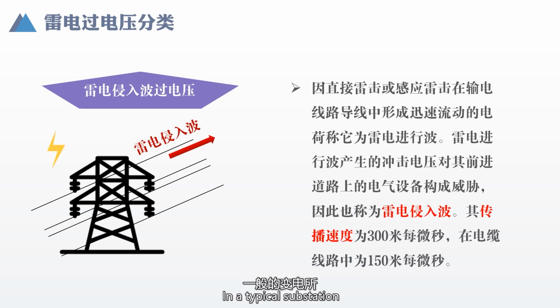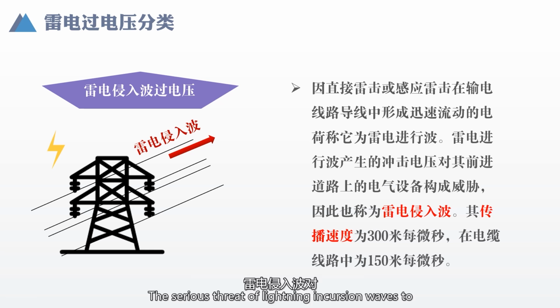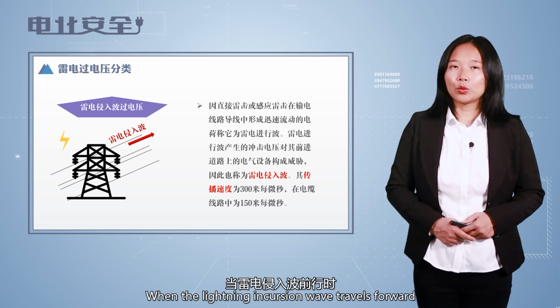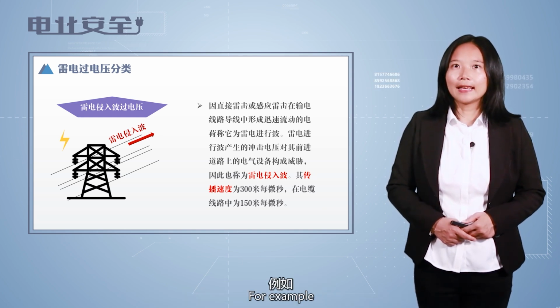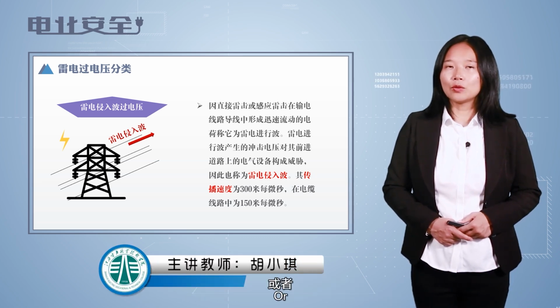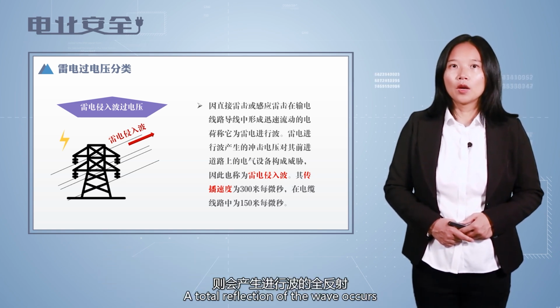In a typical substation, if there are overhead access lines, it is necessary to consider the prevention of lightning incursion waves. The threat of lightning incursion waves to electrical equipment is serious because when the wave travels forward, for example when it encounters an open line switch, or the neutral point at the end of a transformer coil, a total reflection of the wave occurs.